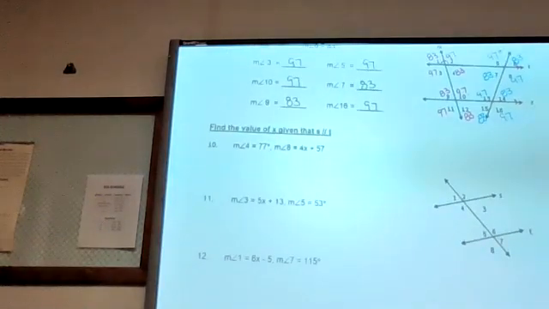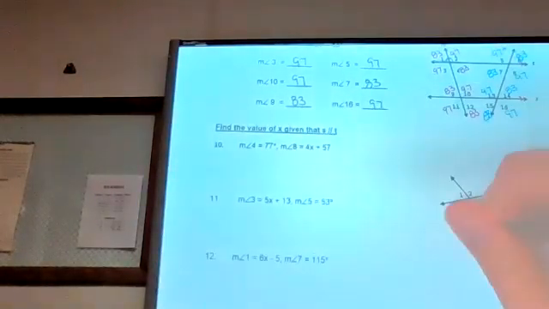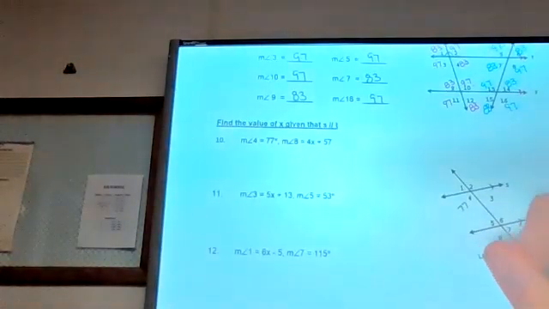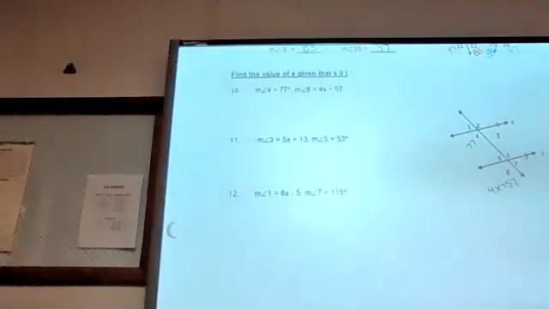It says S and T are parallel. So we know these lines right here are parallel. And it says if angle 4 is 77 and angle 8 is 4x plus 57, find x. Well, how do I do that? What do I need to know about those angles? Well, they're congruent.